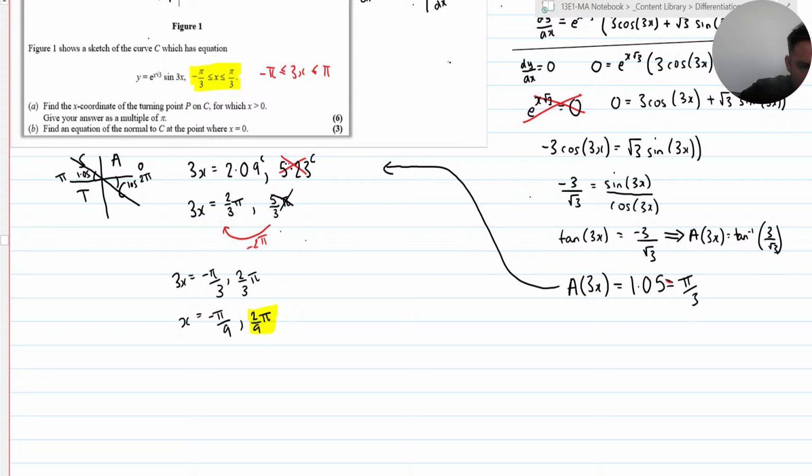Because it's asking for the equation of the line for this one, which is part B, and this part isn't quite as tricky.